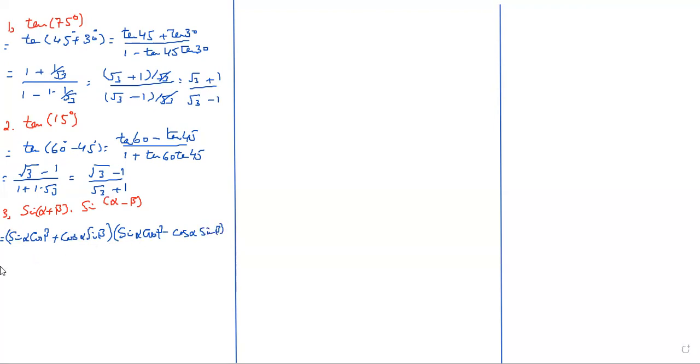So it would be sine square alpha cosine square beta minus cosine square alpha sine square beta.